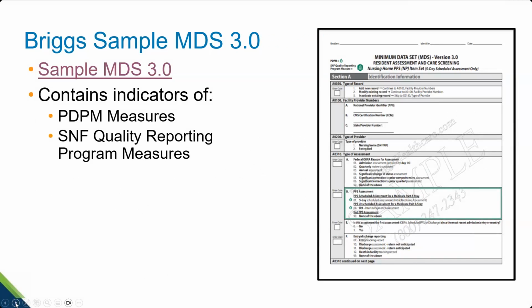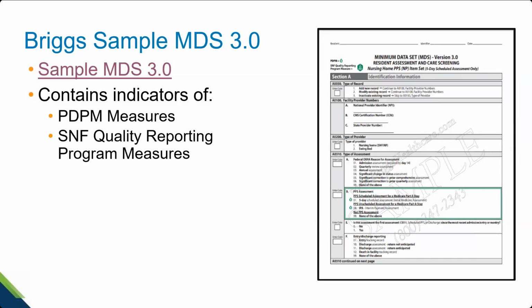Now, as we move on, on your screen and in your slide deck, we've provided you a link to the Briggs Sample MDS 3.0. And I like to use this sample, and I used it in the general overall PDPM education, and we used it last week when we talked about section GG.